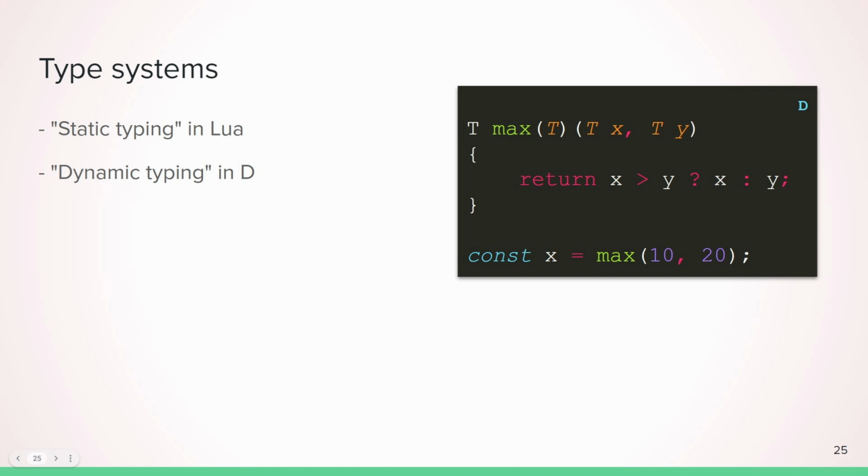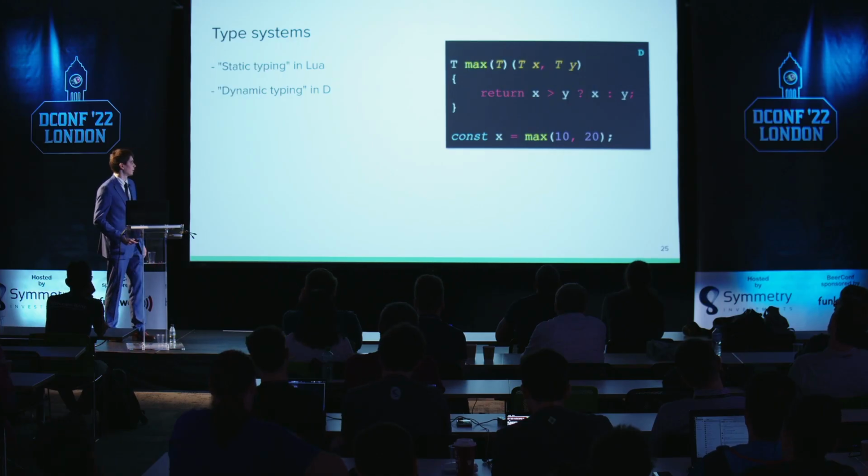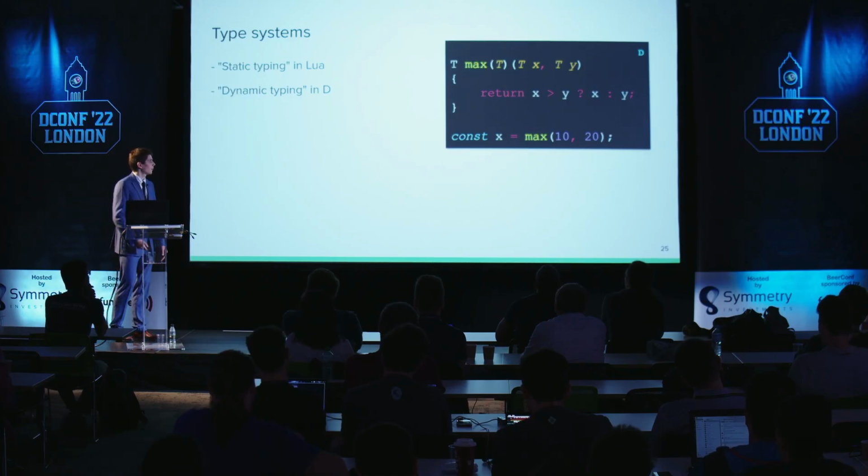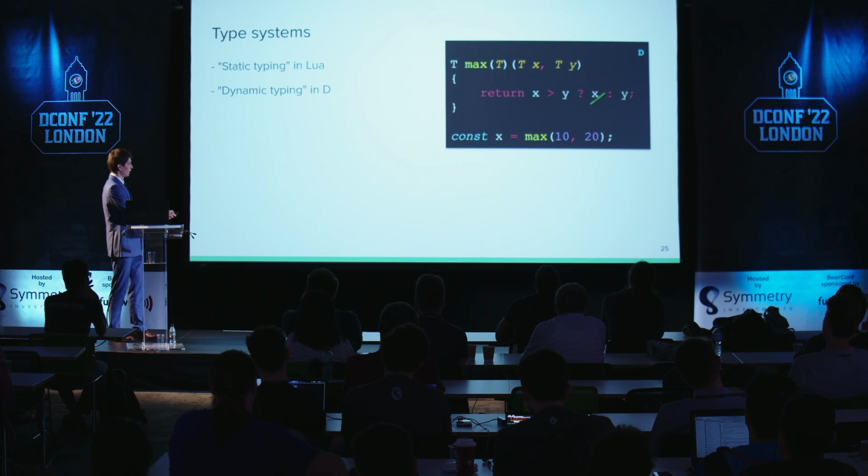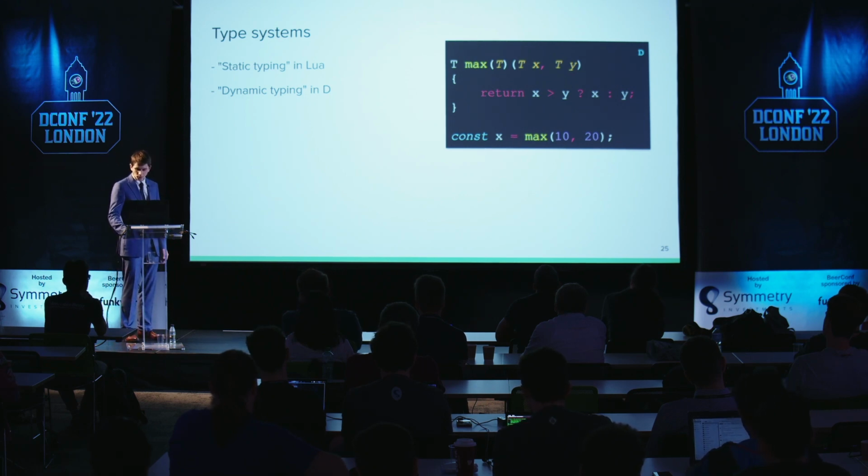And I just write a T in there. I don't say it's int, but you can instantiate it with int or float or any number type that implements the comparison operator. And then when you call it, it automatically instantiates with 2 integers. And then the variable x is also typed int. It's all inferred, never did I write int.